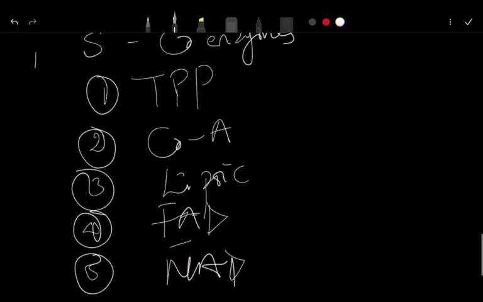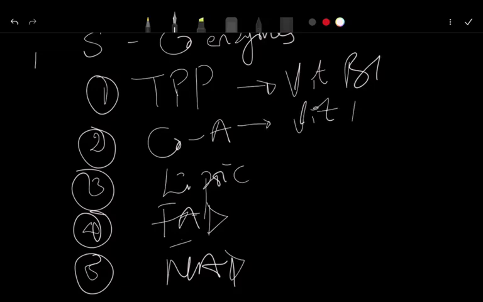Okay, so these are all vitamins. This one is thiamine, which is vitamin B1. Coenzyme A is from vitamin B5, pantothenic acid.